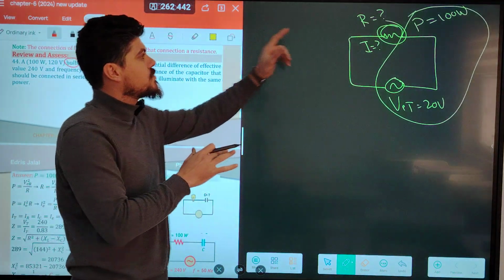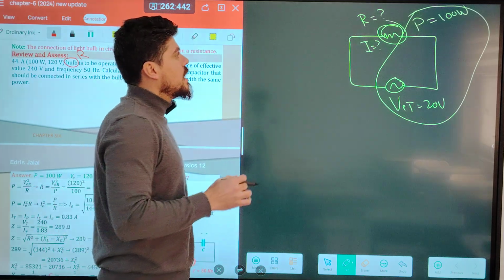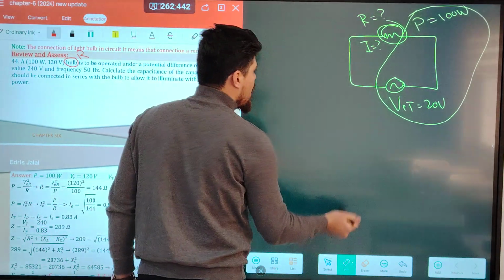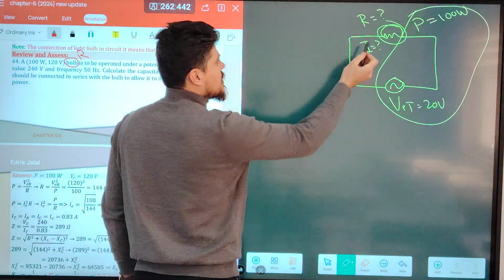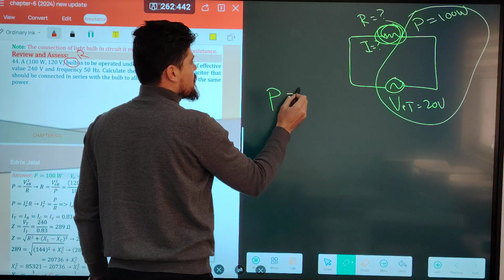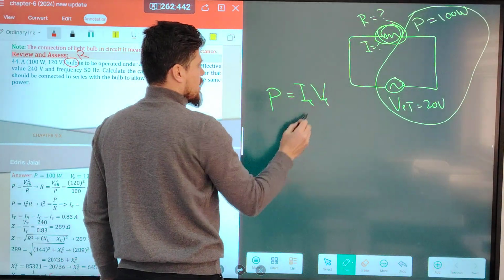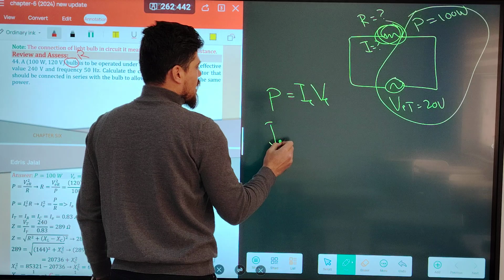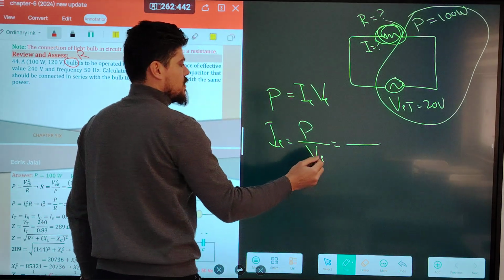Before solving the question, you have to find the resistance and the current, because in this question we need both. How can you determine the current in this bulb? By using the equation of power. Power is equal to I times V effective, so I is equal to power over effective potential difference.